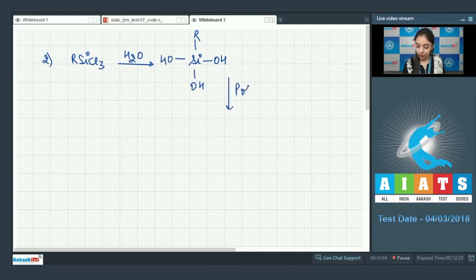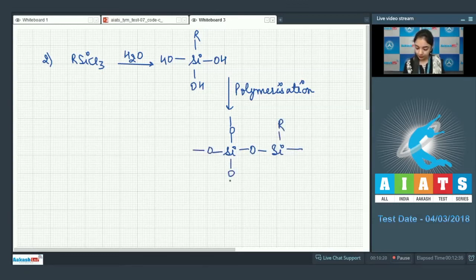And on polymerization, it forms a cross-linked polymer like this. So we have Si-O-Si linkage. So this is a cross-linked polymer.